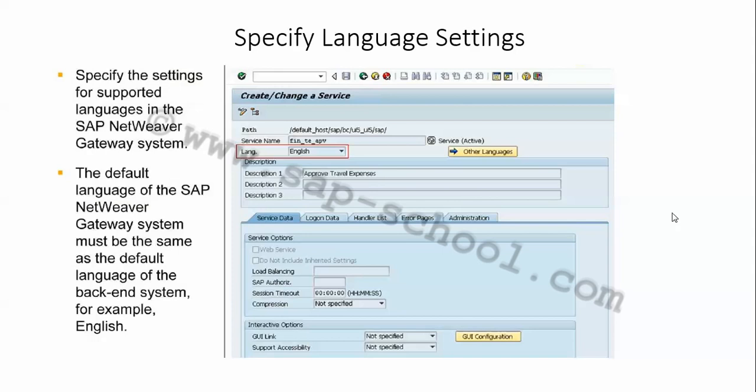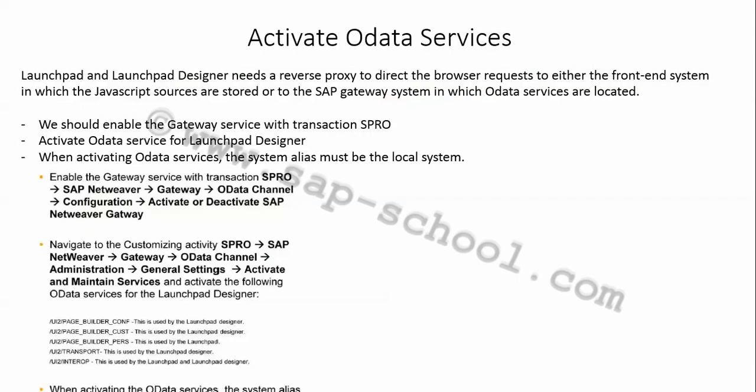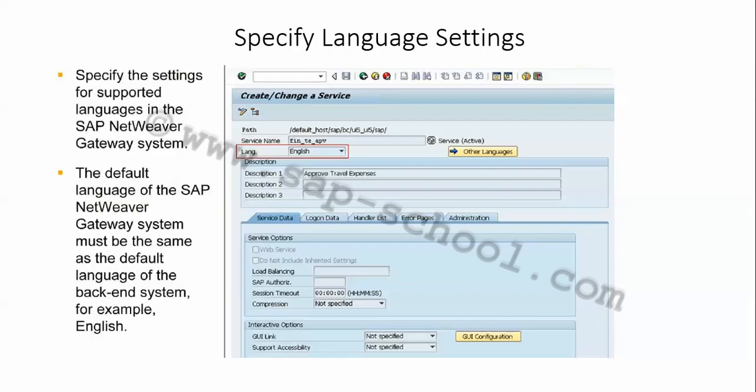When specifying the languages, there are a few priorities that take place. If you define the access language in the transaction SICF, then that takes precedence. If not, the HTTP request contains the language in the HTTP header, and we will log into the system with this language. Then the browser settings of the calling client are used.